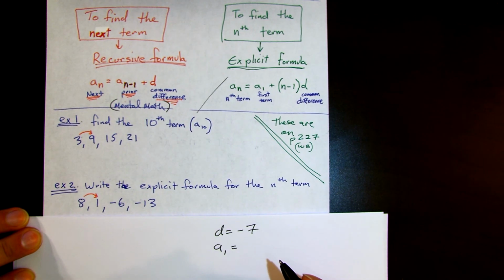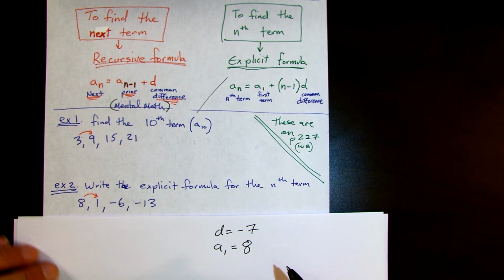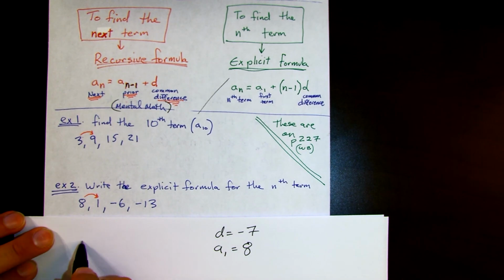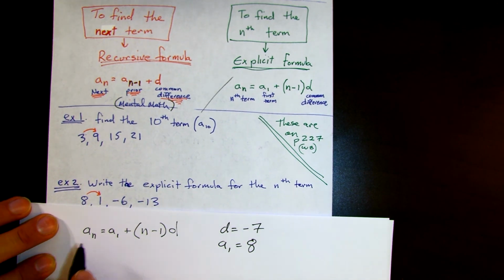We'll also need our a sub 1. All right, perfect. It's 8. So let's just go for it then. A sub n, I'm going to write it out first so we can look at it together. N minus 1 times d.